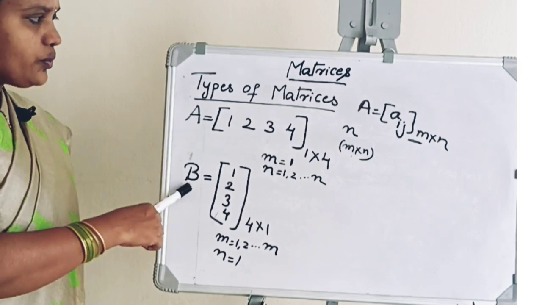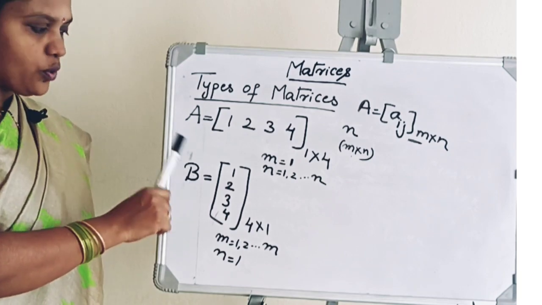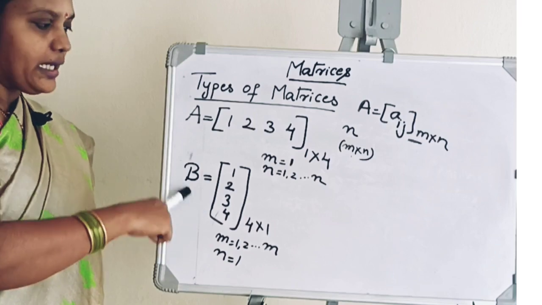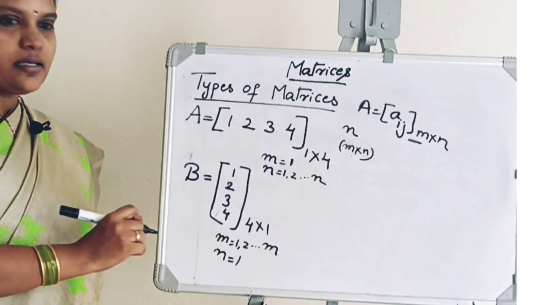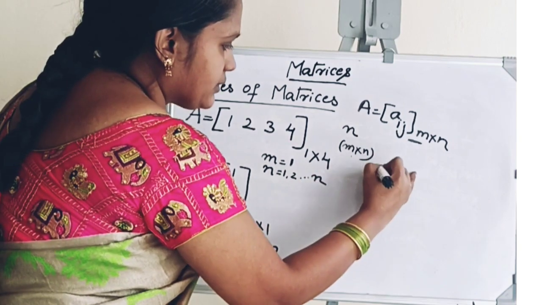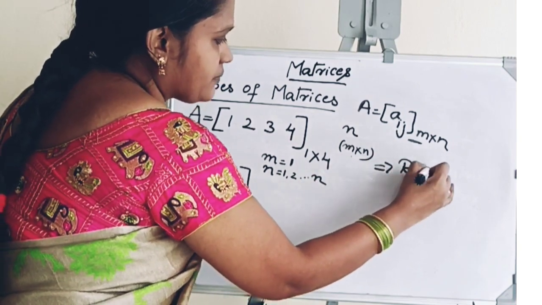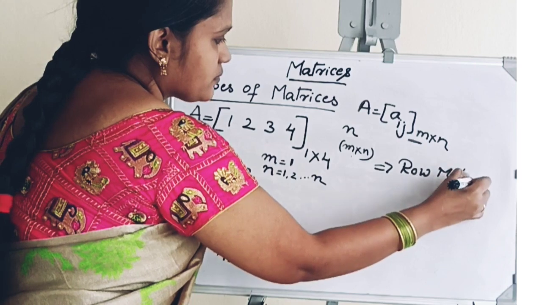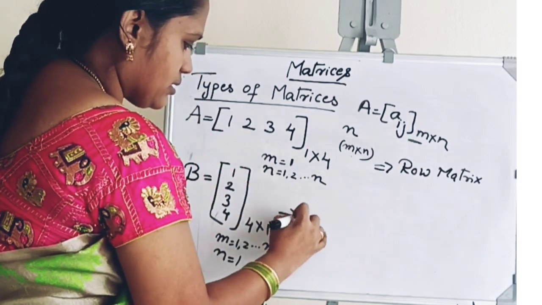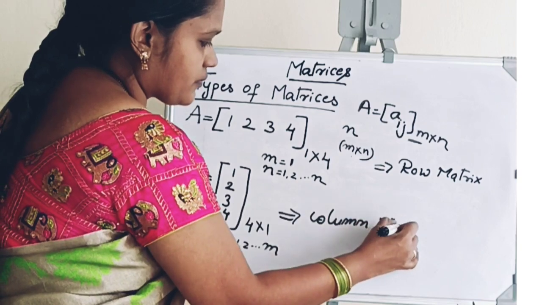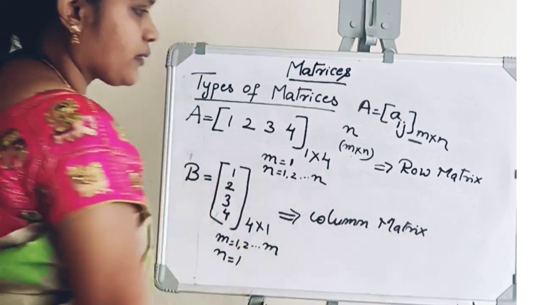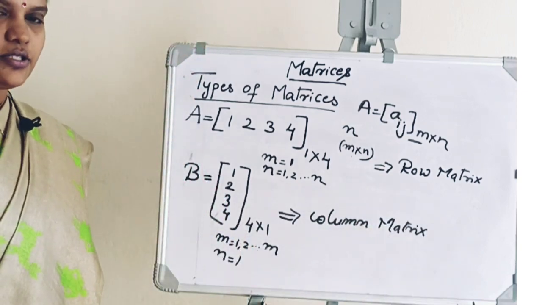Right? So, the matrix which consists of only one column and n number of rows, we call it as column matrix. This is row matrix and this is column matrix. Understood?